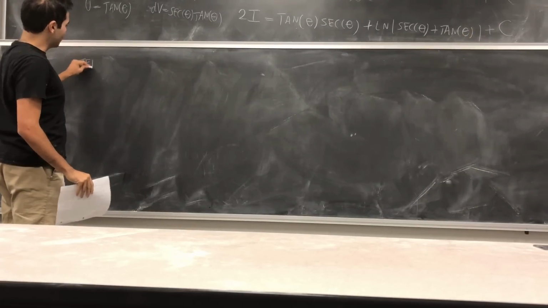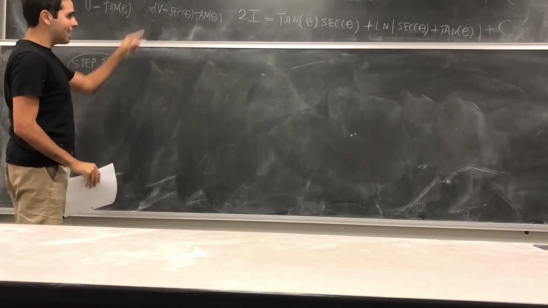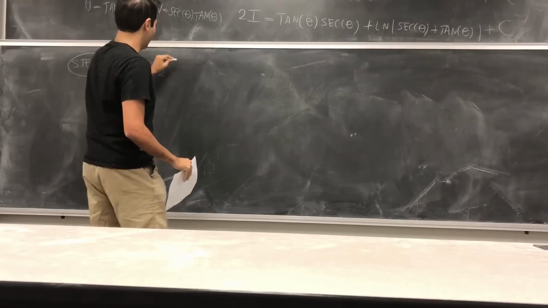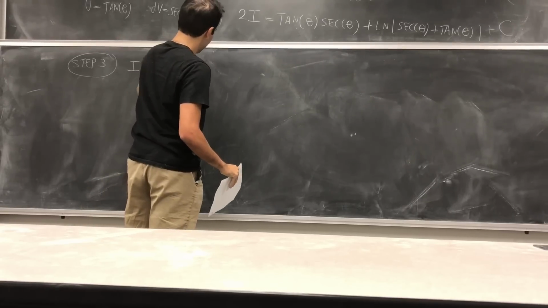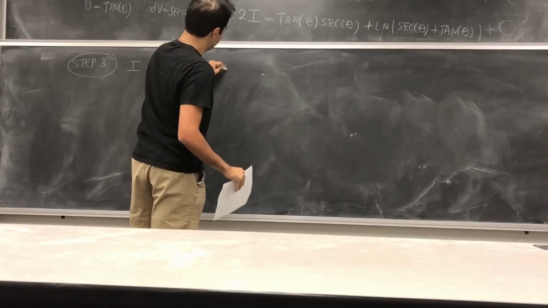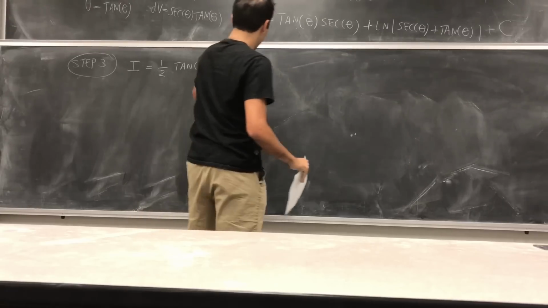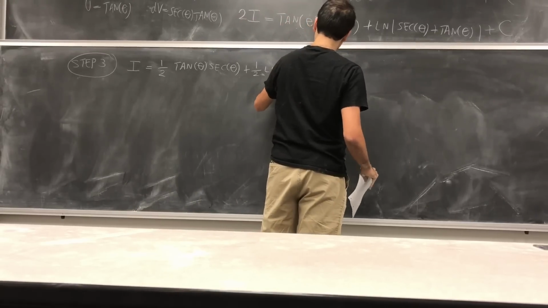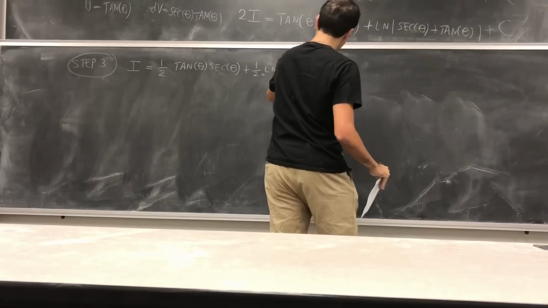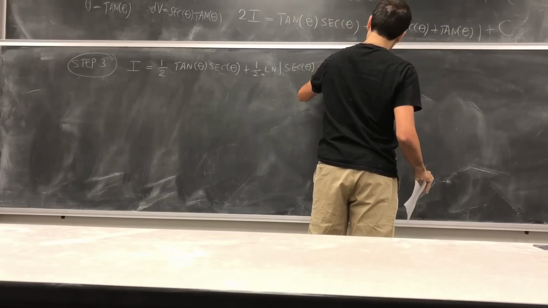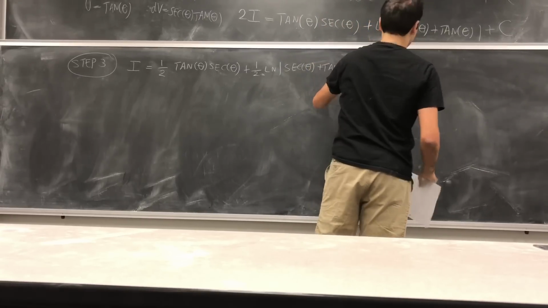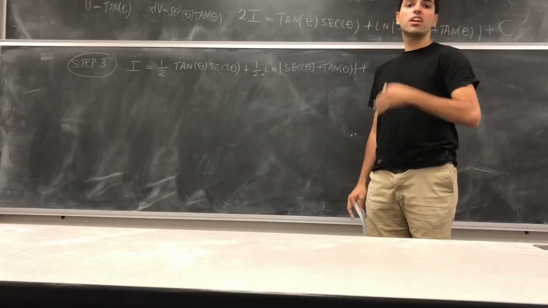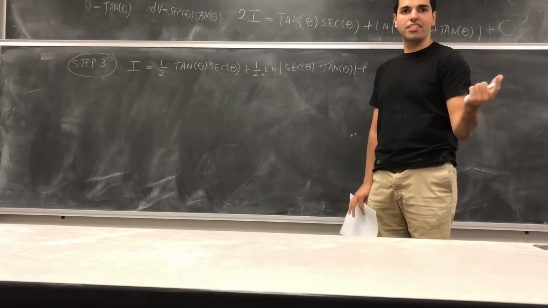So step 3, we in fact have I equals 1/2 tangent theta secant theta plus 1/2 ln of the absolute value of secant theta plus tangent theta plus a constant divided by 2, but the constant is just a generic constant.